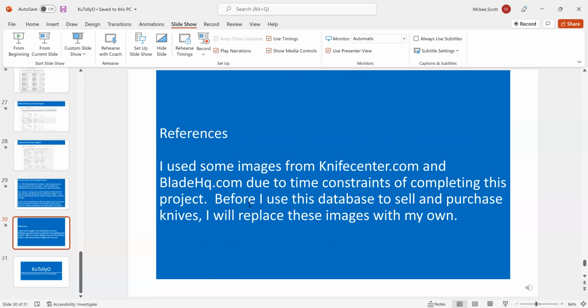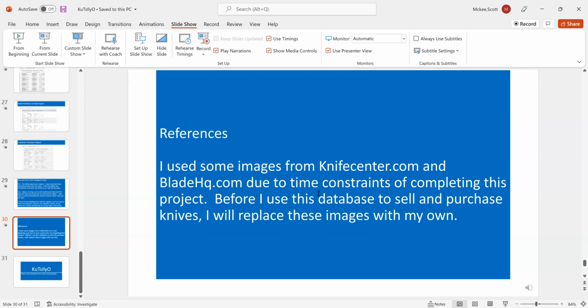And then some references. Due to the time constraints, the pictures of the knives are my actual knives, but some of the images that I used in the form are online from one of the most popular knife websites you can go to buy from, Knife Center and Blade HQ.